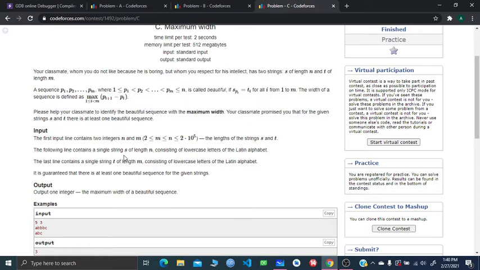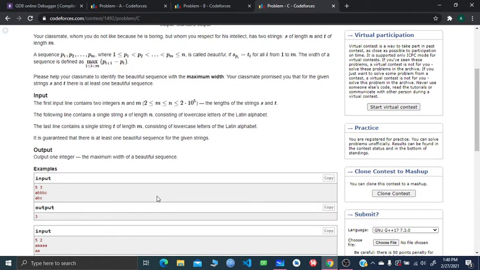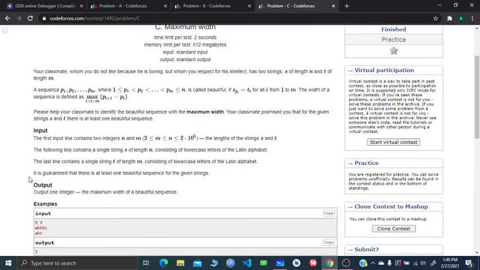We're given n and m, the length of the string, and inside that string I'll be given some letters. I'll also be given a string t of length m, and it is guaranteed that there is at least one beautiful sequence for the given strings. What is this beautiful sequence?